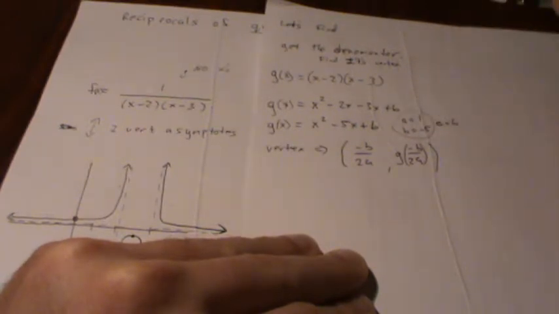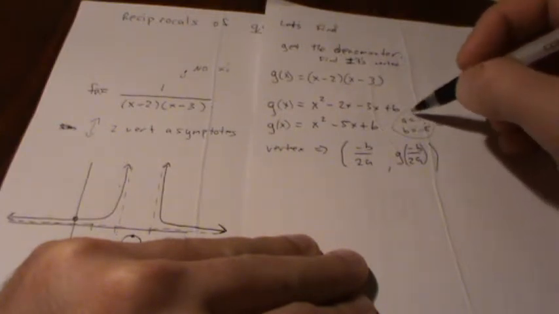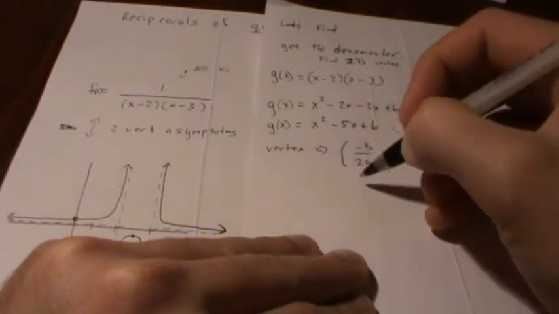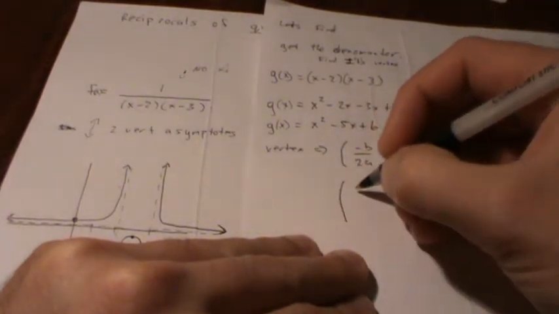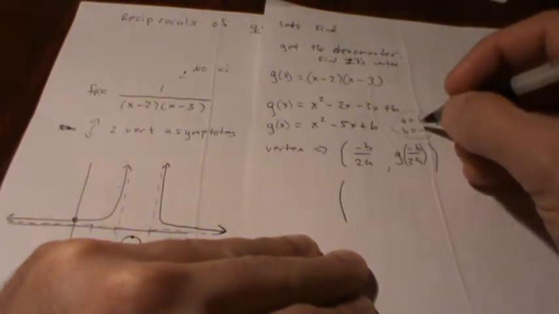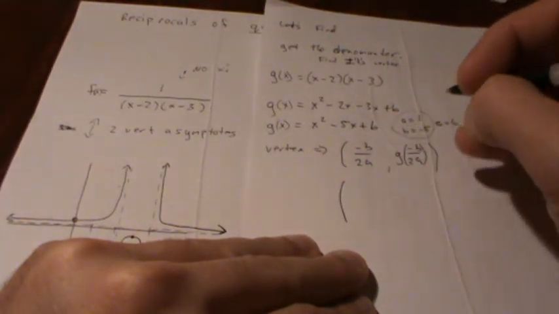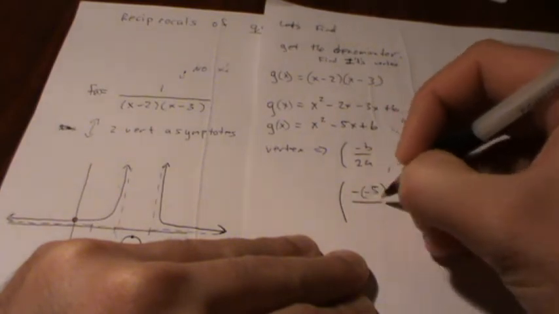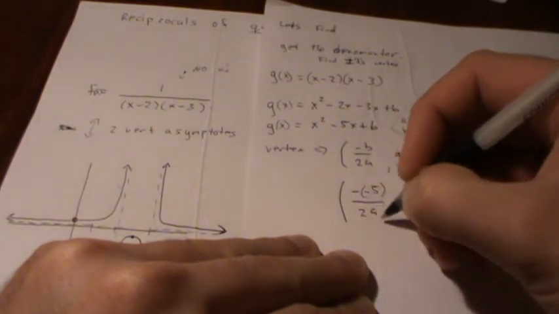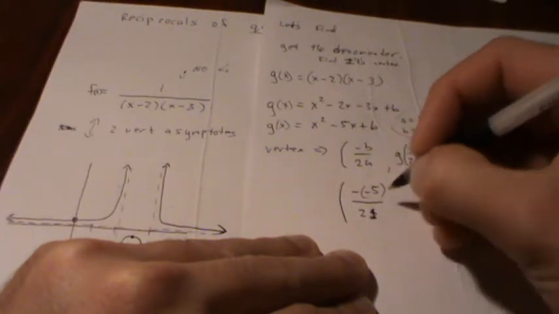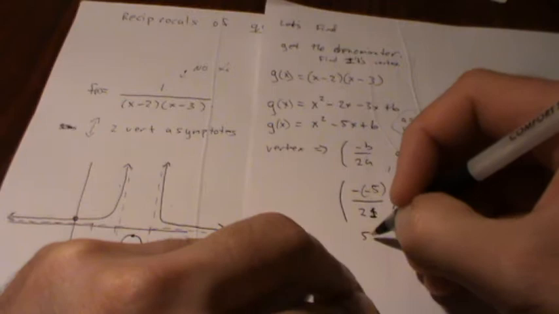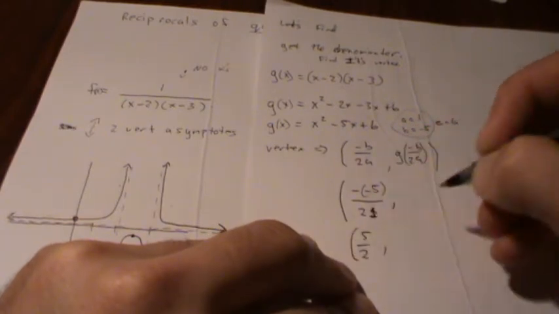We're going to need the a and the b value. The a and the b value are put in here, so to find my vertex, it is negative 5 over 2 times a, which is 1. So in this case, the vertex is 5/2.